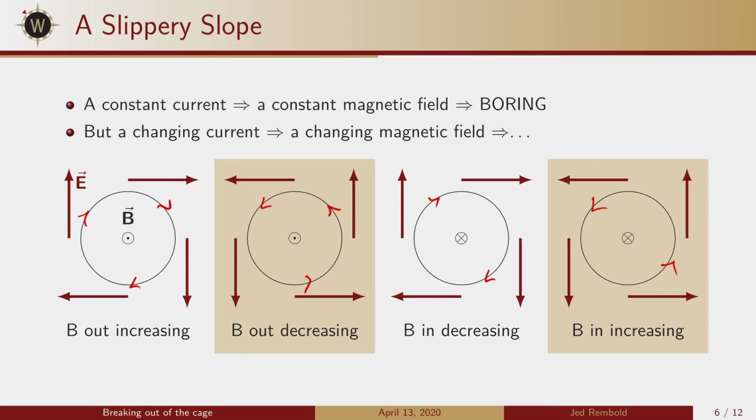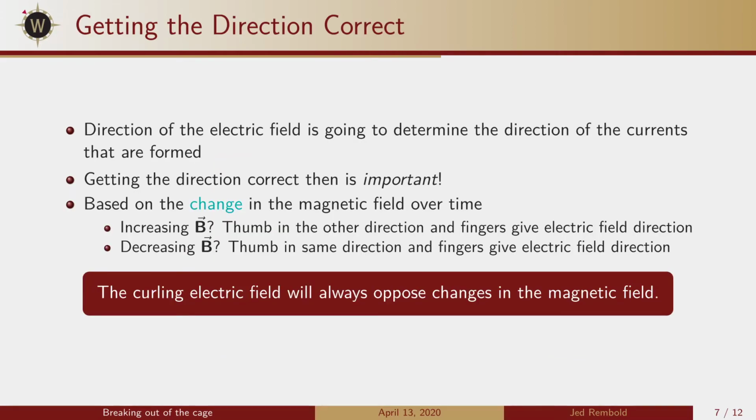So the main takeaway here is that when we are trying to figure out the direction of these, a common way to think about it is that the electric field that gets created, or another way to put it, the current that would get driven by this induced electric field, is always going to be a current which is going to oppose the change in the magnetic field.